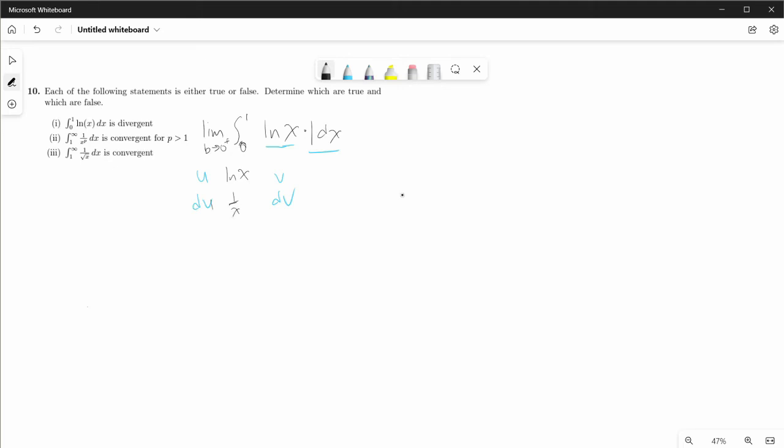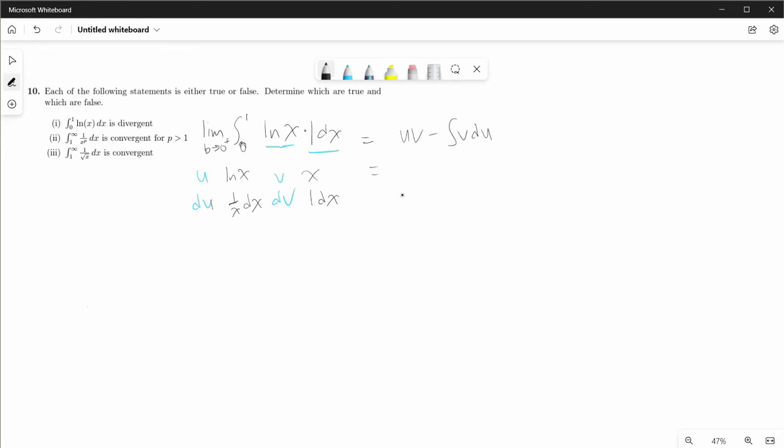Du is 1 over x dx, and dv would be 1 dx, whereas v then would be x. So now I can write uv minus v du.